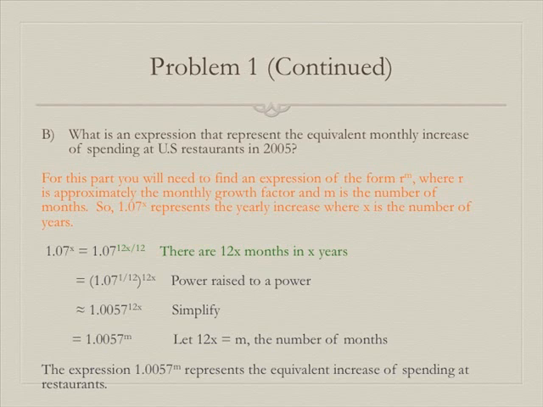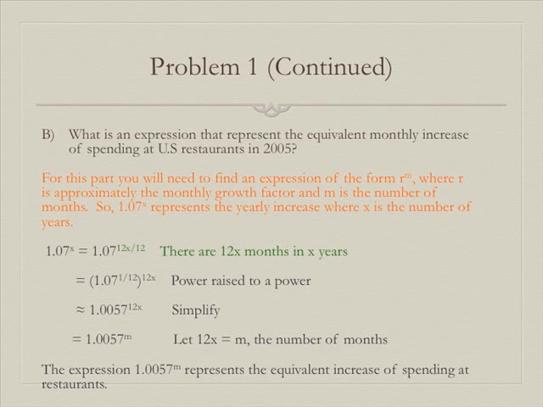Then we fill in everything for r and for m. We have 1.07 raised to the x equals 1.07 raised to the power of 12x over 12, since there are 12x months in x years.